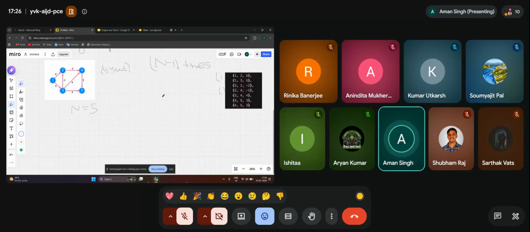So, what does relaxation mean here? The Bellman-Ford algo is also a single source algorithm, and here also we try to find the distance of every node from a source node. So, suppose I'm supposing that this is my source node, that is 1. So, here also we need to make a distance array.